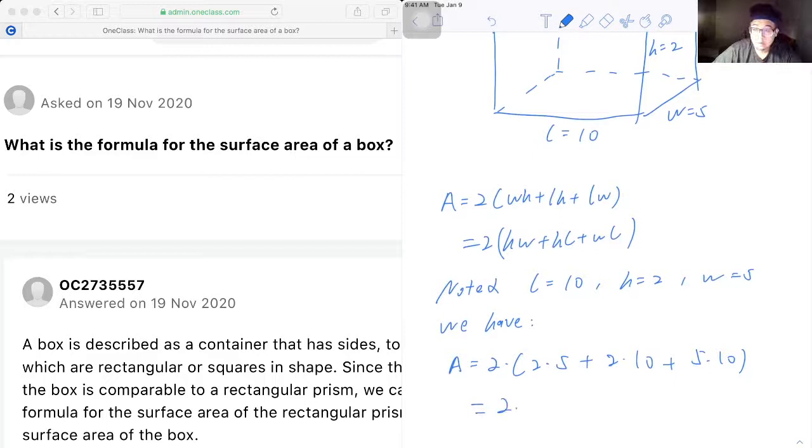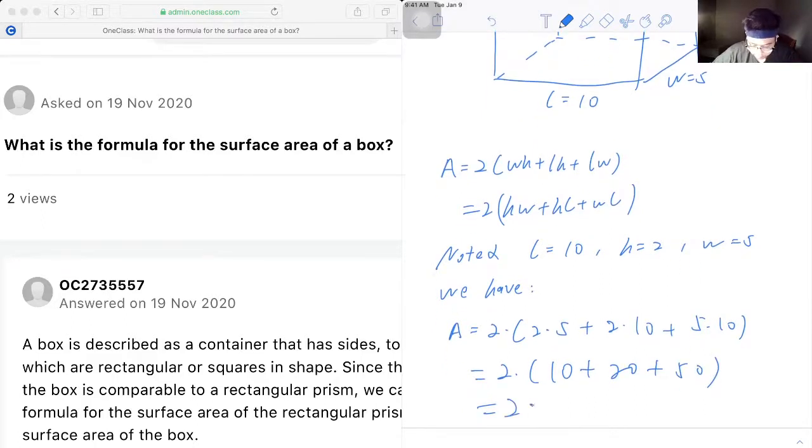And we just need to simplify this, so that's going to be 10 plus 20 plus 50. All right, so that's going to be 2 times 80, which is going to give us 160. That's our answer.